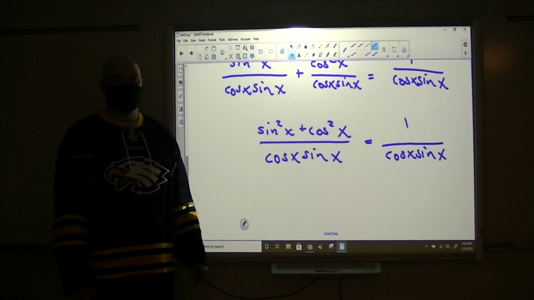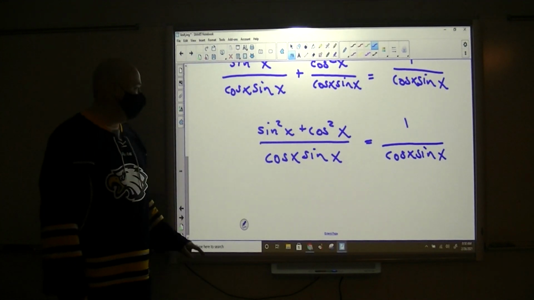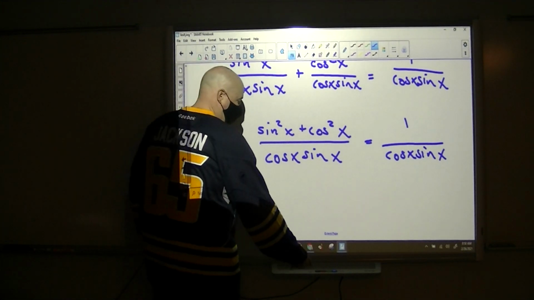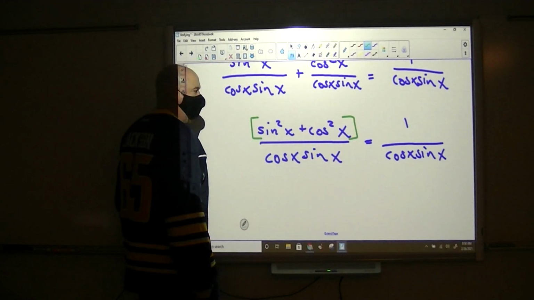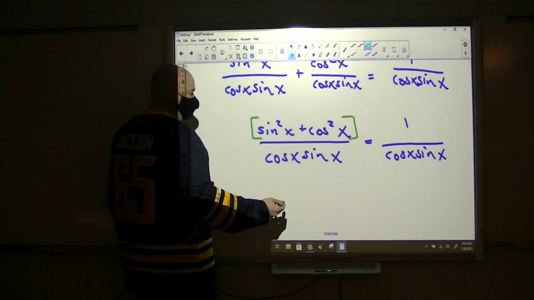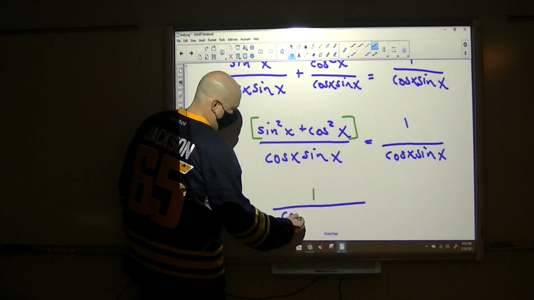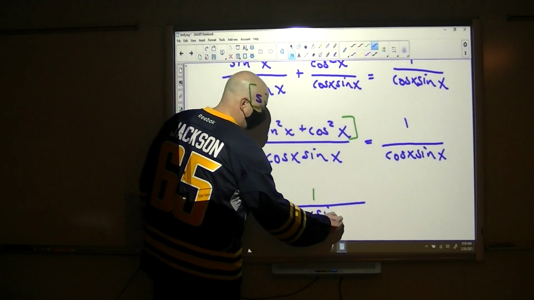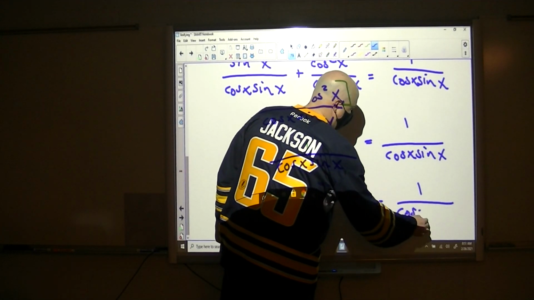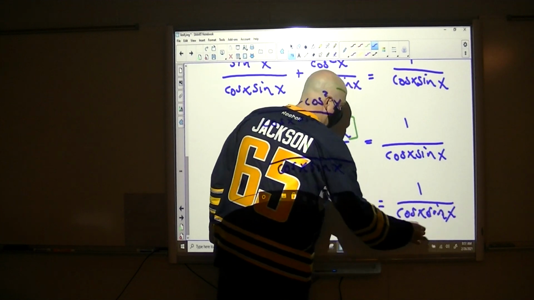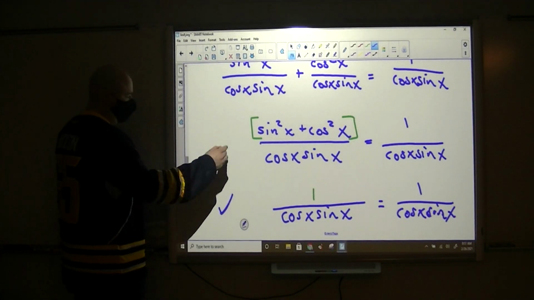It is equal to 1. That's one of our Pythagorean identities. Okay? So what I can do is I can take this entire statement and I can say, I know that this is equal to 1. So I'm going to put a 1 in there. And now look. Ta-da! Check mark. Done.